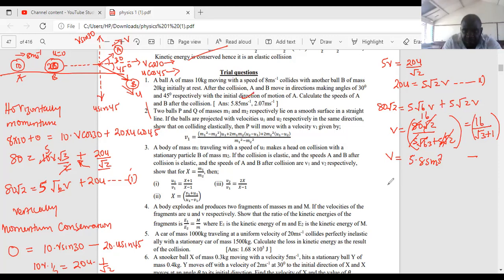Then can you deduce for me u? u is equal to 5 root 2 times 5.85 divided by 20.